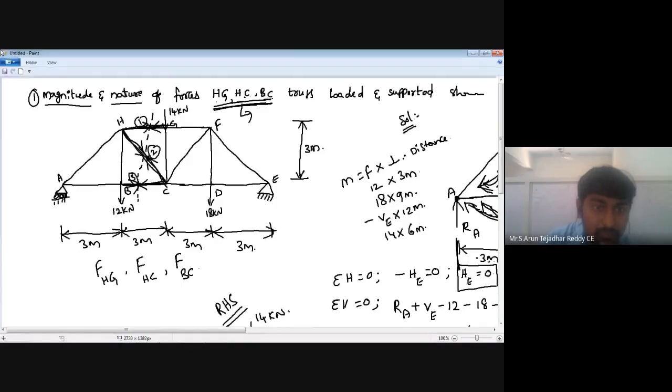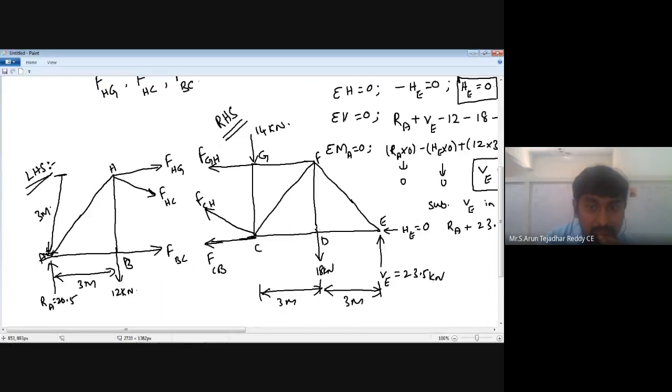So in this diagram, after cutting, this is the free body diagram of that given truss, left hand side as well as right hand side.